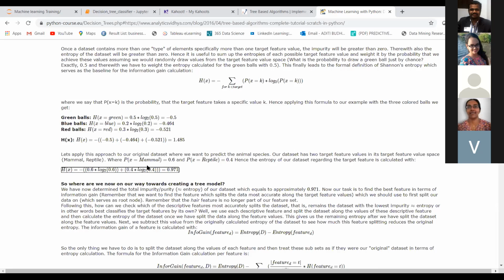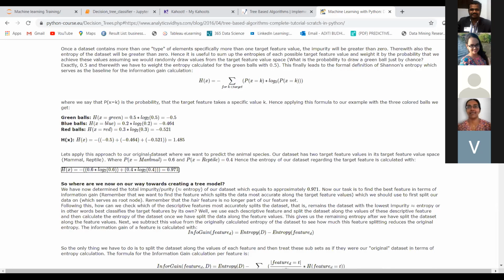And then the same thing for the reptile. We have four reptiles in our data set out of a total of 10 data points, so 4 by 10, that is 0.4, is the probability for that animal being a reptile. Again we will apply this formula, that is 0.4 into log of 0.4, correct?